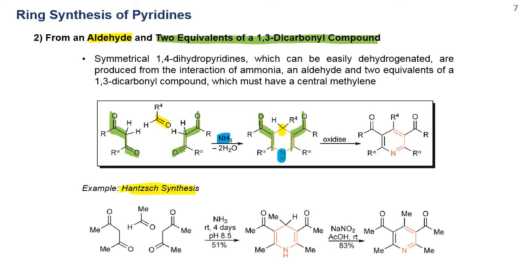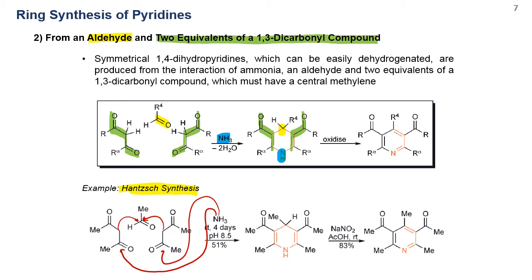So you have 4 components in one reaction. If both sides are symmetrical, you can do everything in one step. Like in here, the ammonia can attack here, and then the enamine attacks here, and then this also attacks here to form the enamine that attacks here.